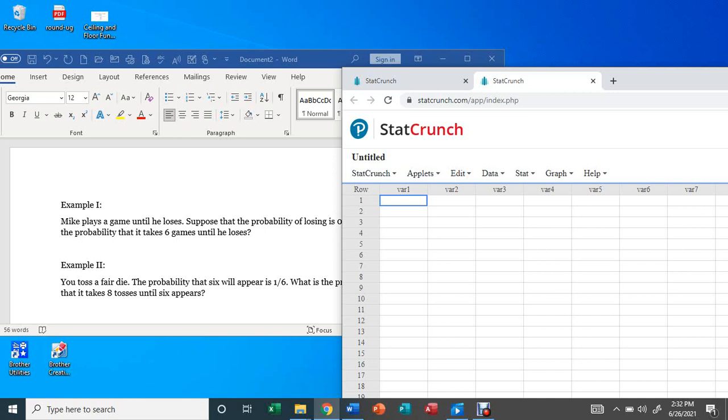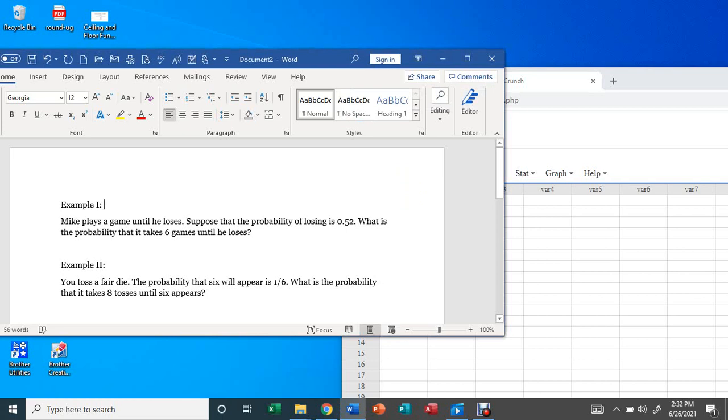Let's look at the first example. Mike plays a game until he loses. Suppose that the probability of losing is 0.52. What is the probability that it takes 6 games until he loses?